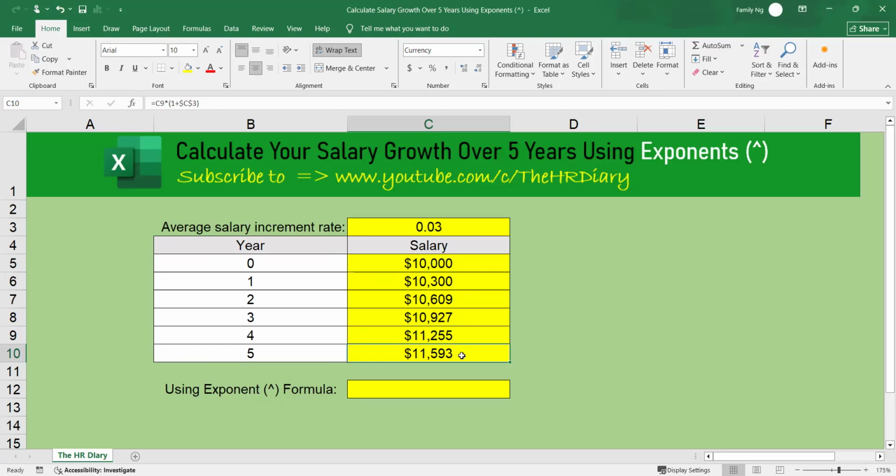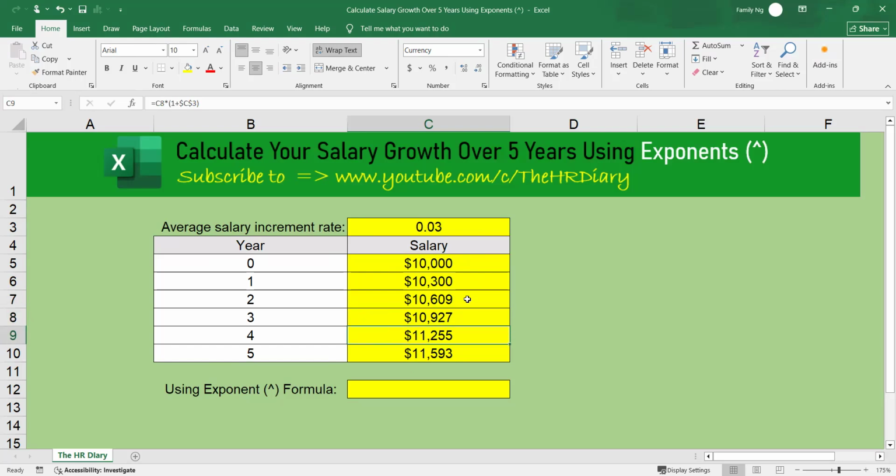So this is your salary after 5 years. Instead of calculating it year by year, using all these formulas, 10,000 for year one, year two, you get 10,300. Year three is this formula. Year four is here.